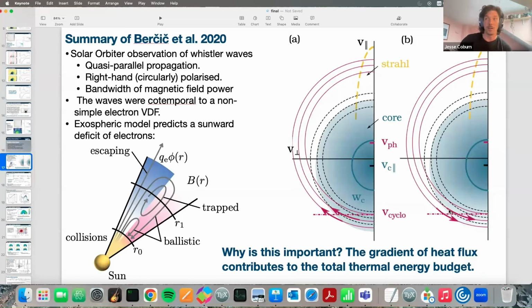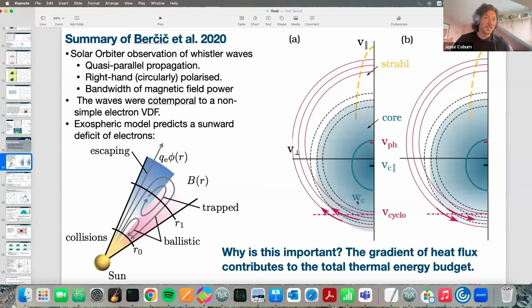You're still going from high phase-space density to low phase-space density, but when you travel along this way, you go from higher energy to lower energy, and that's the key ingredient for an instability. So the deficit can cause an instability whereby electromagnetic waves are released at the expense of particle energy.